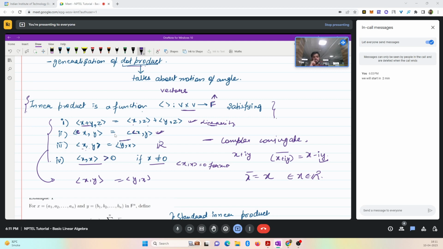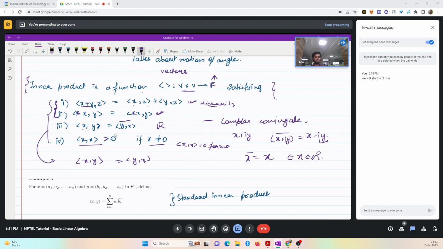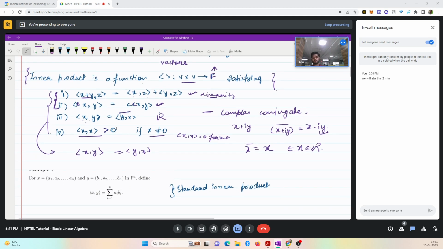First, the first two mean that it is linear with respect to the first component, that is, x plus y will split and c will also come out. The third is that if you reverse the roles, the inner products are complex conjugates of each other. And the fourth is that the inner product of a vector with itself should always be greater than or equal to 0.